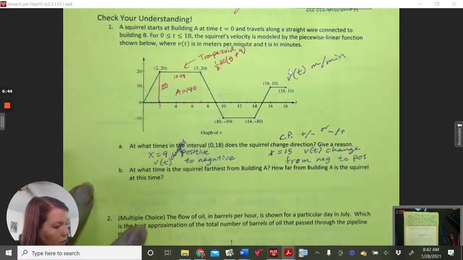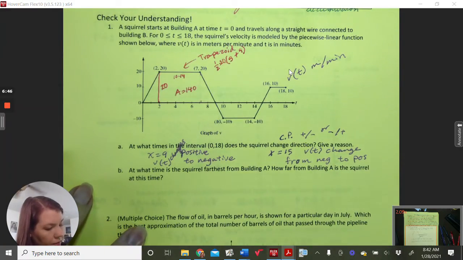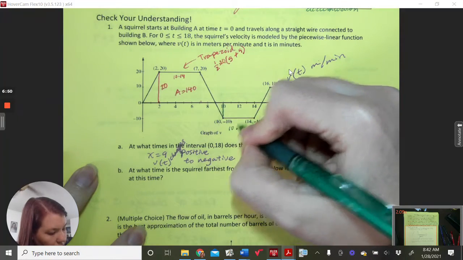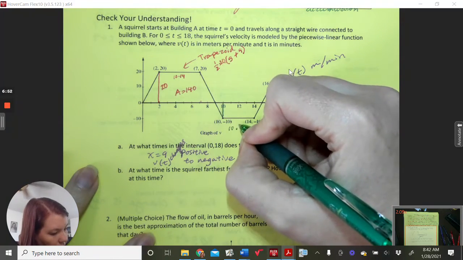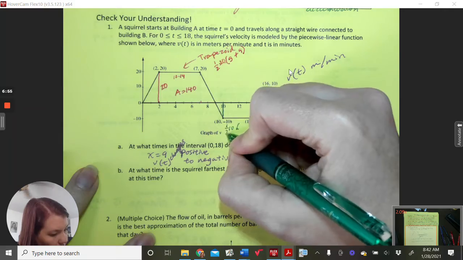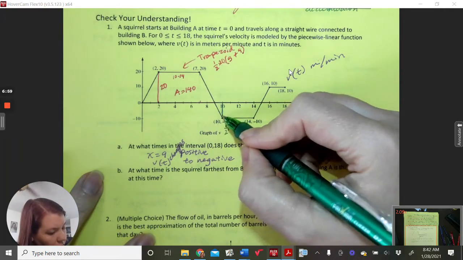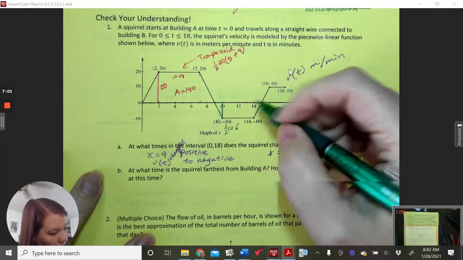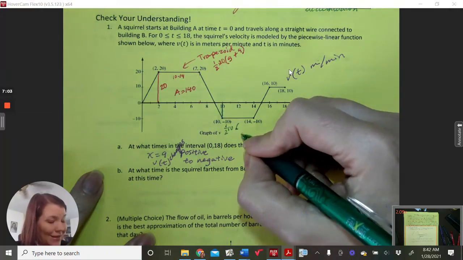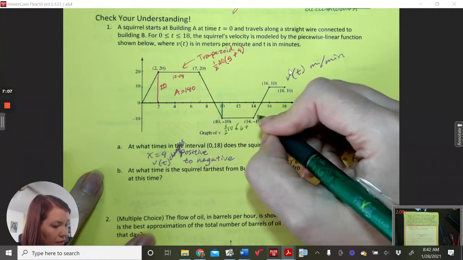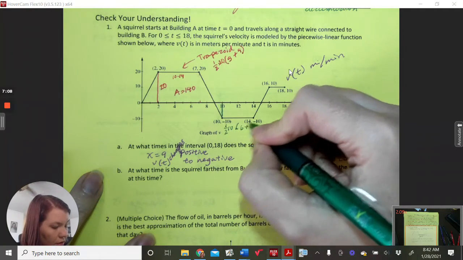Okay, then down here, do another color. My height is 10. Base 1/2. It goes from 9 to 15. 9 to 15 is 6. It goes from 10 to 14, that's 4.